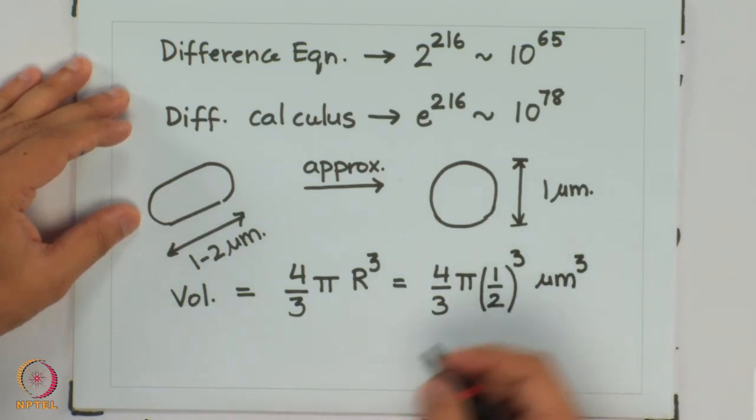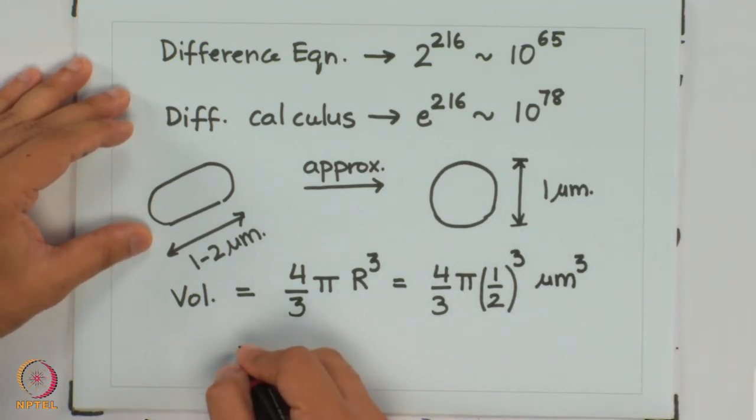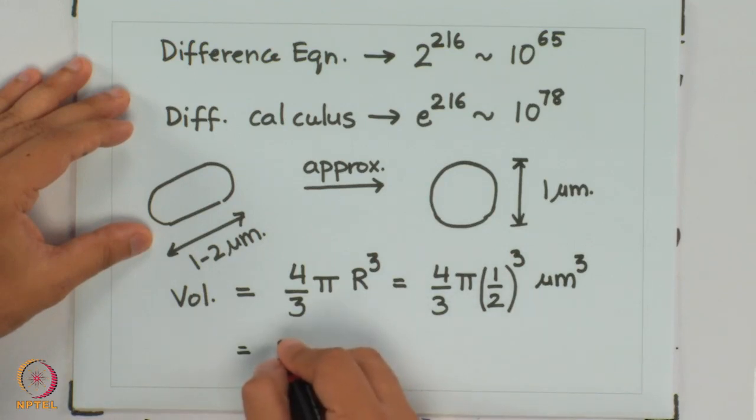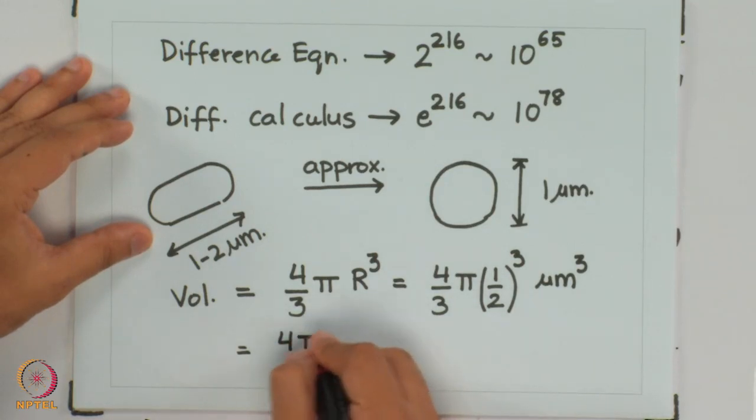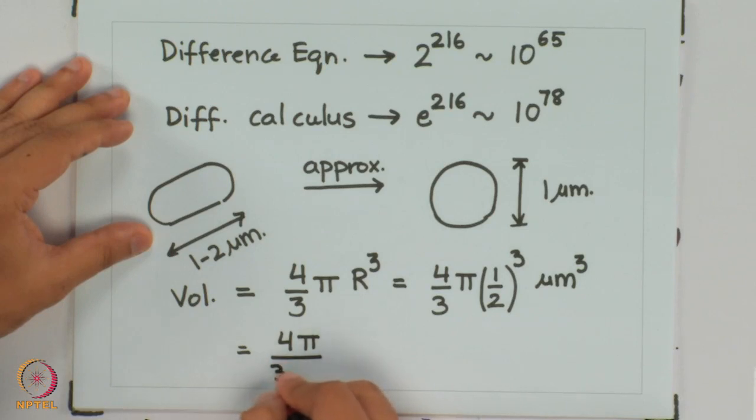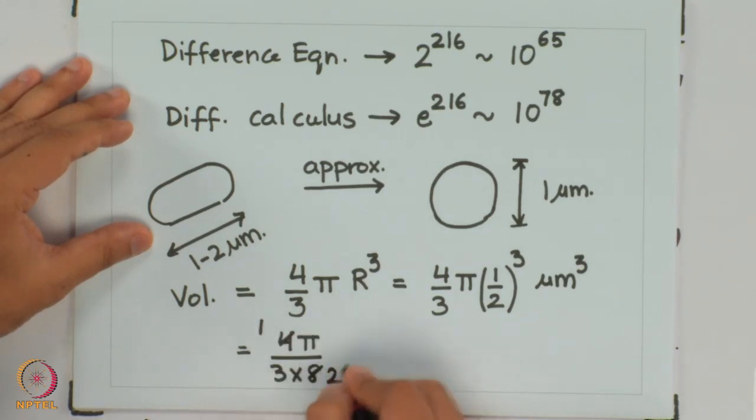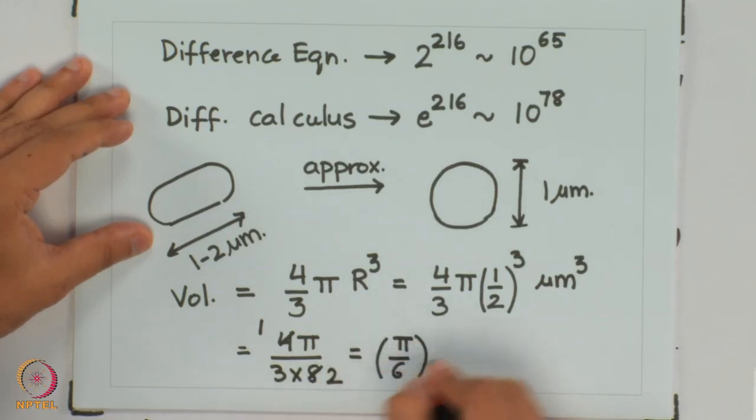We can work out the numbers, but essentially this is just equal to 4 pi by 3 into 8, which is pi by 6 micrometer cube.